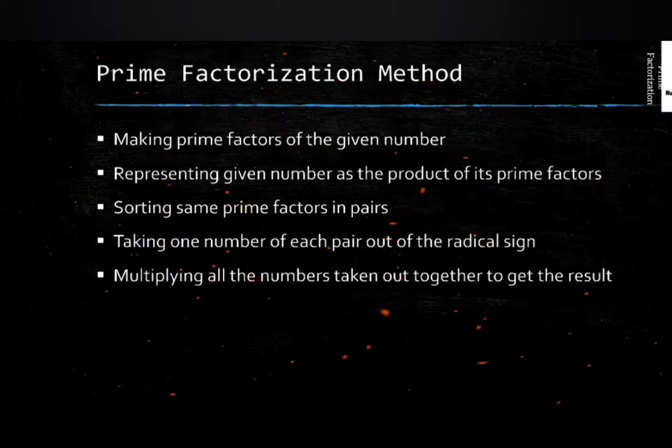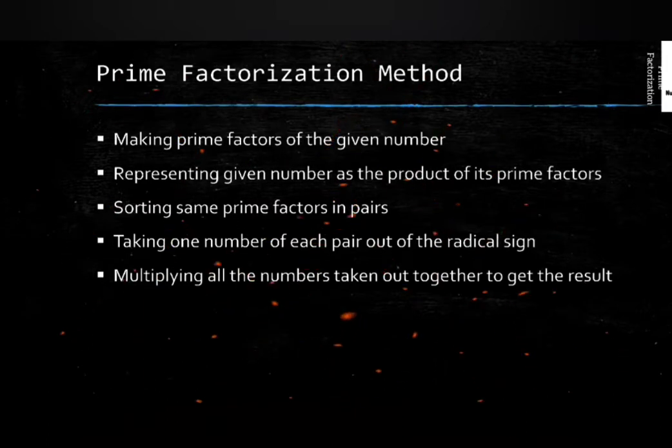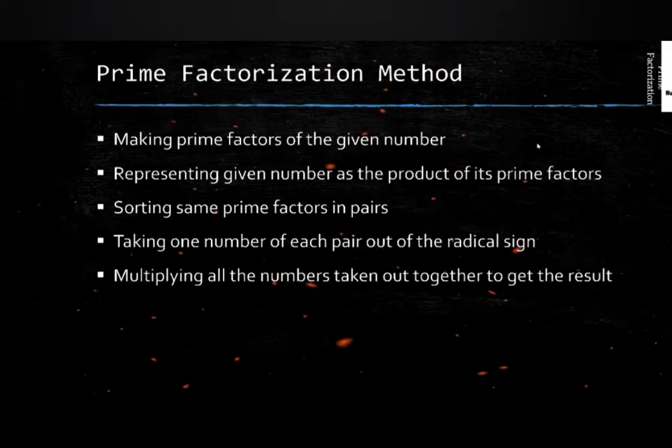Out of two, we will only select one number of a pair. And the last step is to multiply all the numbers taken out together to get the result. So these are the main steps of this method that we are going to follow, and if you follow them, you will easily understand this method.